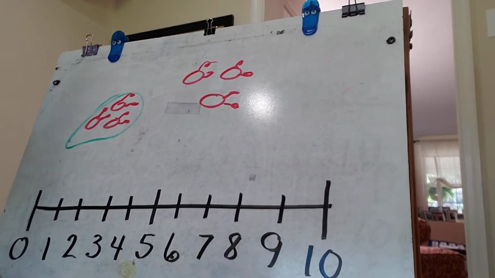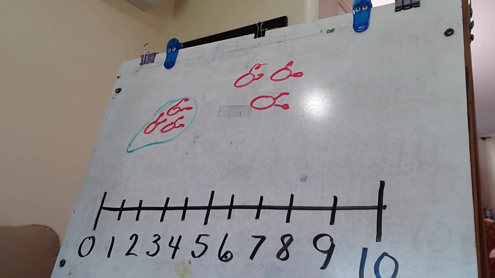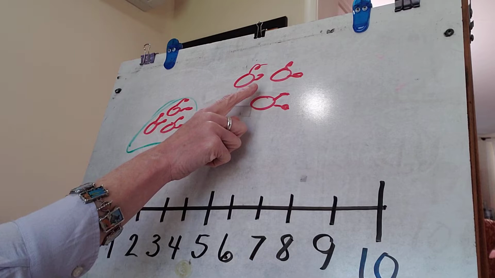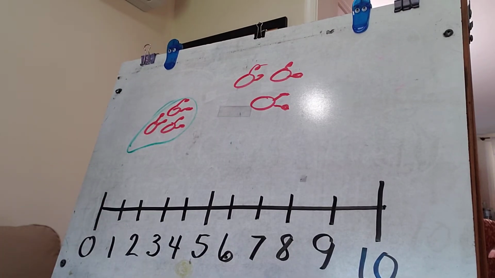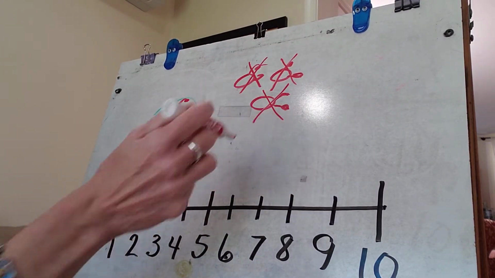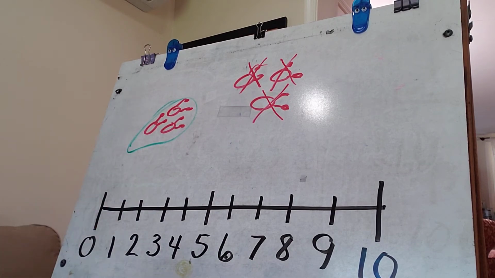All right. These are my ladybugs on a leaf, okay? This is my subtraction story, okay? So I have 6 ladybugs, but 3 of them, 1, 2, 3, fly away from my leaf, all right? So if I cross these 3 out because they're flying away, how many ladybugs are left on the leaf? 1, 2, 3, okay?